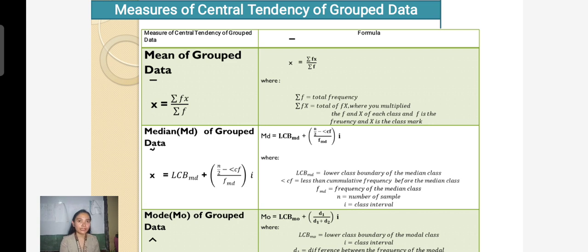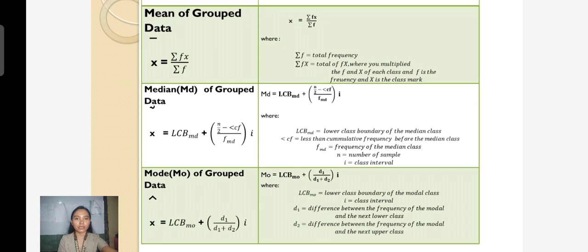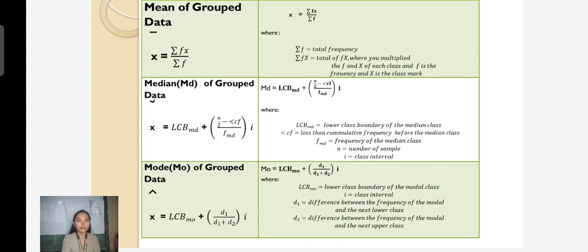For the median, or MD, or x tilde, dayon na sa babaw na siya similar nga symbol. So, diri murag nagubag na atong formula, no? Please double check your self-learning modules na lang.